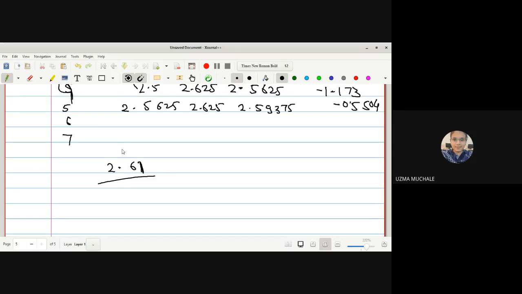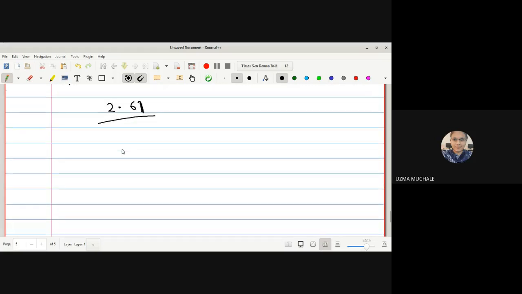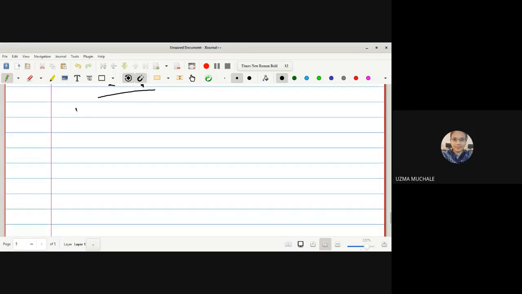Okay, let me go to the next method, that is the Newton-Raphson method. We can derive this method in two ways, either by graphical representation or by using the Taylor series. First we'll go with the graphical interpretation.